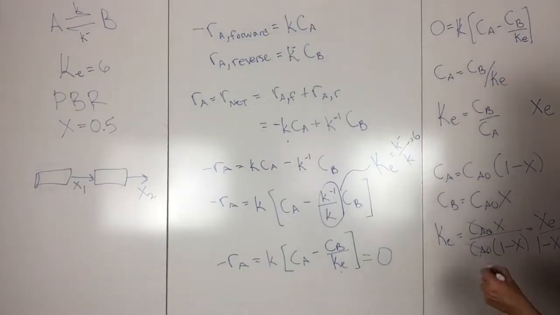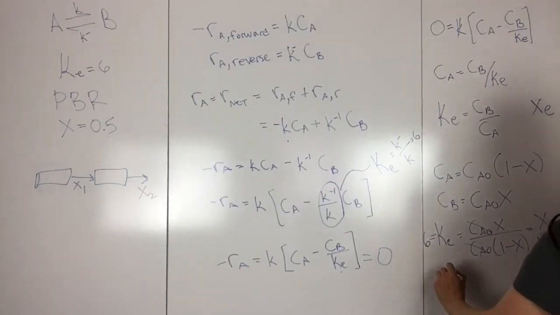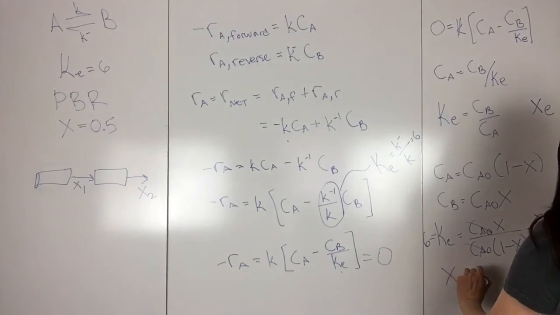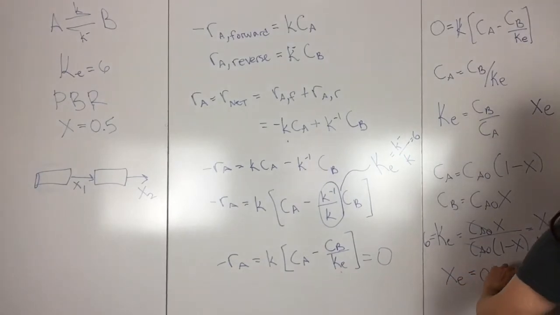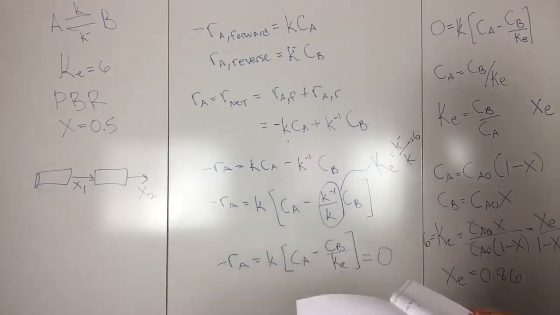We know that this is equal to 6, so then we can solve it to get Xe equal to 0.86. So now that we have this information, we want to go ahead and solve the PBR equation for conversion. Well, what are we solving it for?